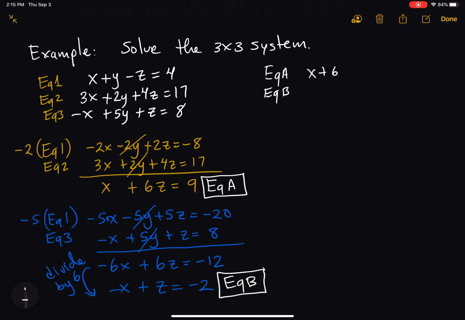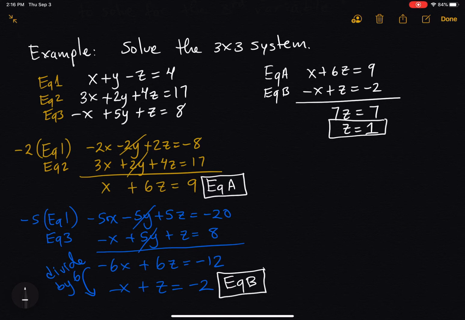X plus 6z equals 9. Negative x plus z equals negative 2. And notice how the x's add up to 0 again, like I said. 6z and 1z makes 7z, and 9 minus 2 makes 7, giving us the first answer right here.